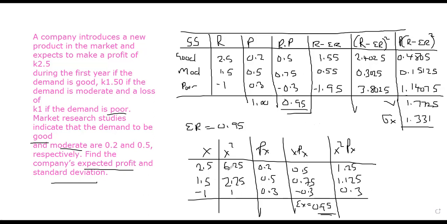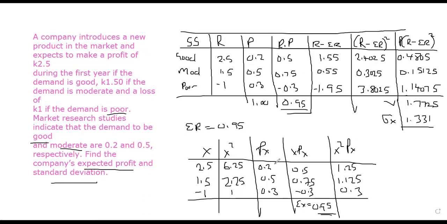When you square this, you get 0.2 times 6.25, we get 1.25. Then 2.25 multiplied by 0.5, we get 1.125. Then 1 times 0.3, we get 0.3.